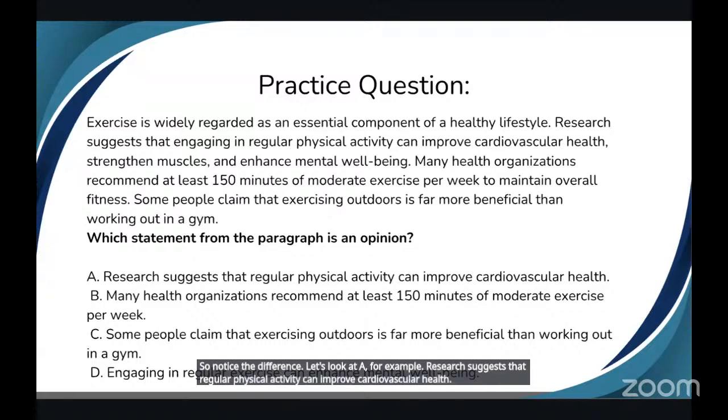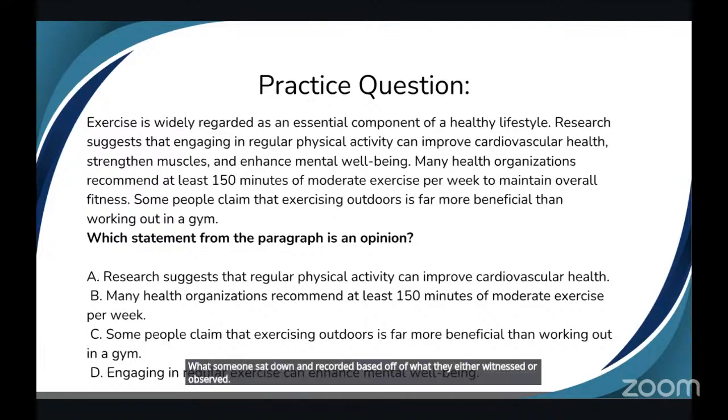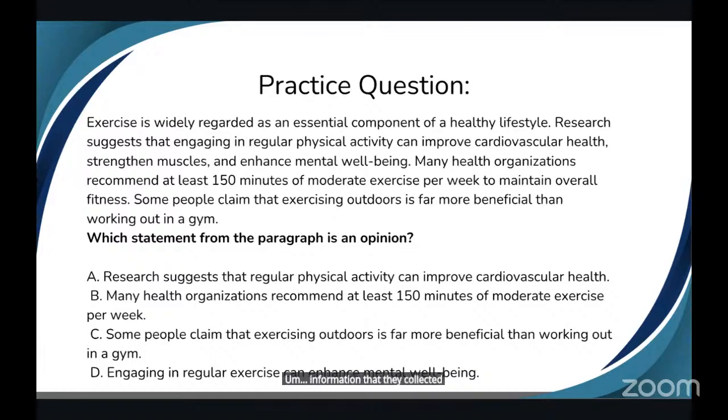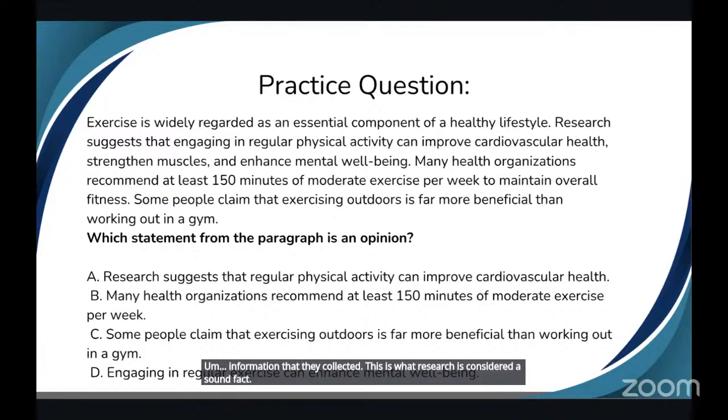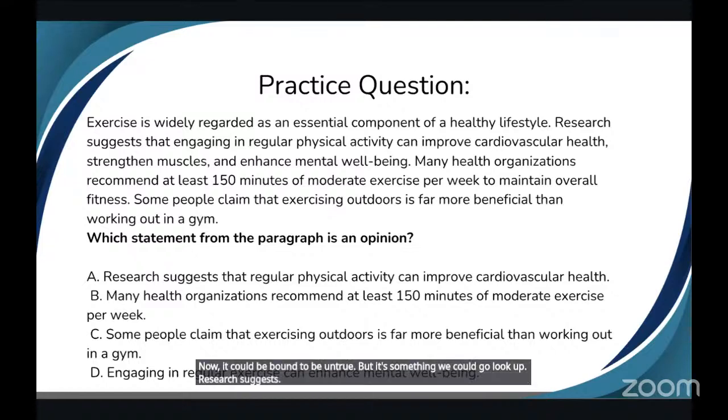Now, this is not something that could change from person to person because it's talking about what the research suggests, what someone sat down and recorded based off of what they either witnessed or observed, information that they collected. This is what research is considered, a sound fact. Now, it could be found to be untrue, but it's something we could go look up. Research suggests. So, could we go pull the data results? Yes, we could.